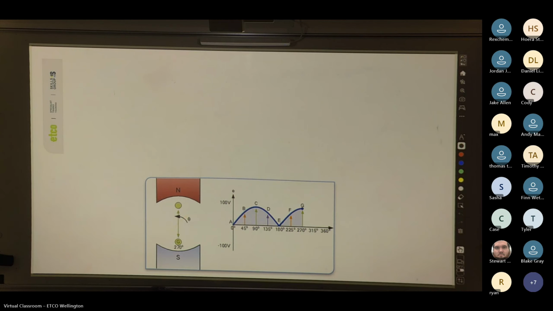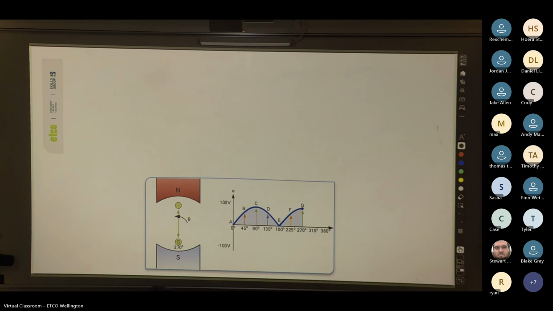It doesn't go negative because the conductor switches side. So let me get one of these digital pens, and I'll draw it.